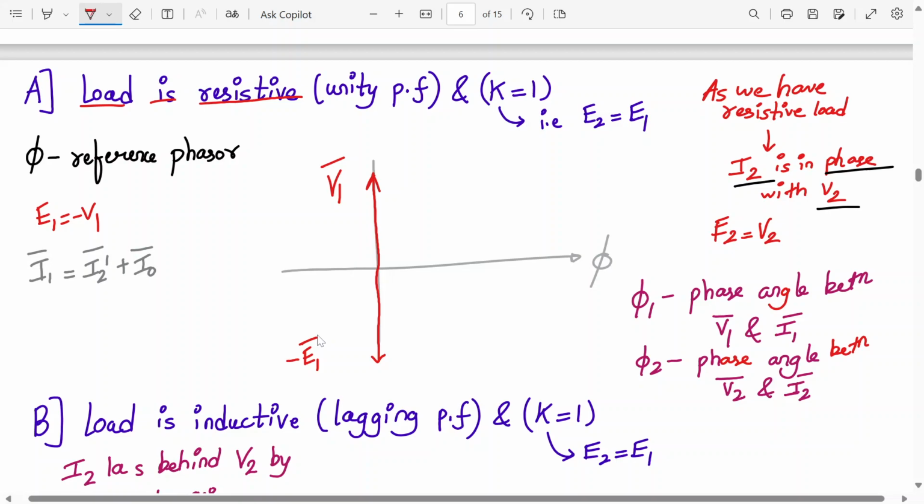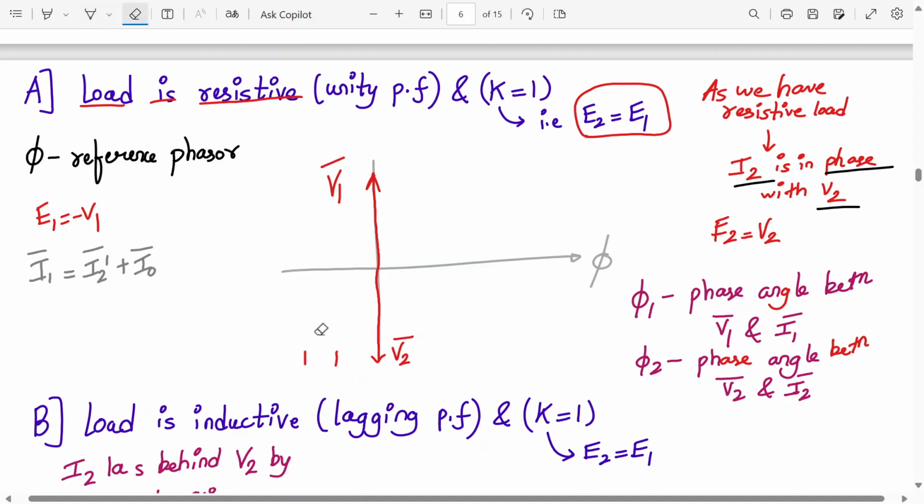Transformation ratio is 1, so E1 is equal to E2, correct? So in the same diagram it is equal to E2. Yes, it's already negative, so no need to write the negative sign, and that is equal to V2 bar. Agree? So E1 will be equal to E2, which will be equal to V2.